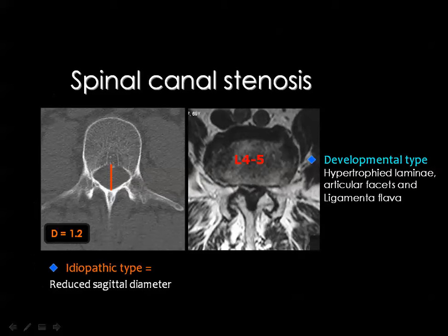Then this is the idiopathic type, where the sagittal diameter is less than 1.3 centimeter, and this is the developmental type, where the laminae are short and thick, the ligamentum flavum is markedly hypertrophied, the articular facets are hypertrophied, the thecal sac is significantly compressed within the spinal canal.